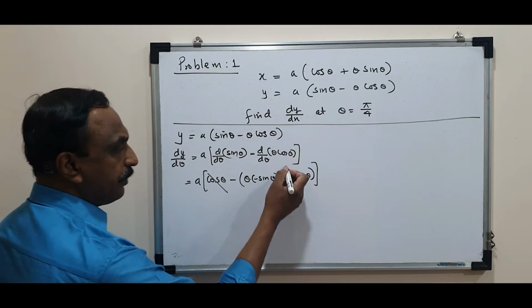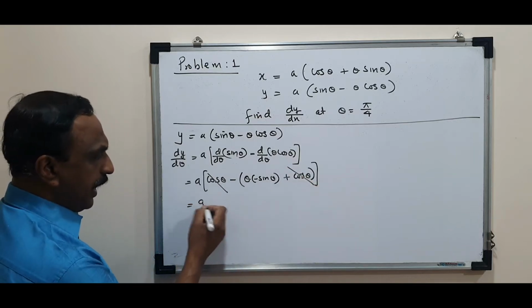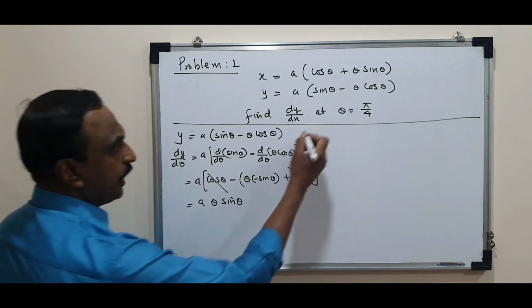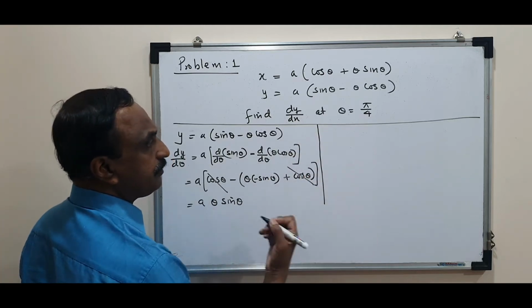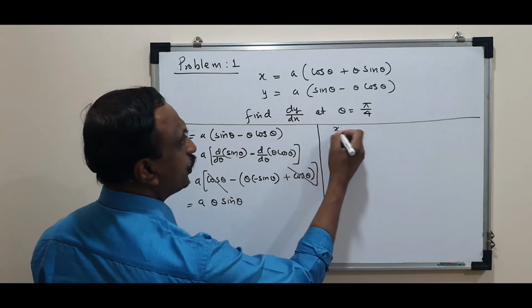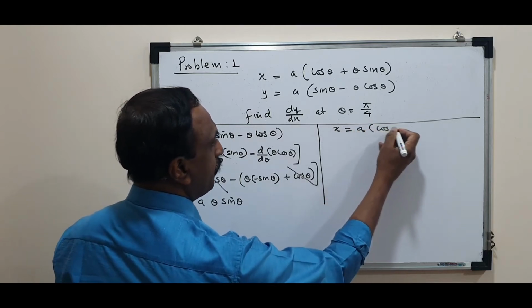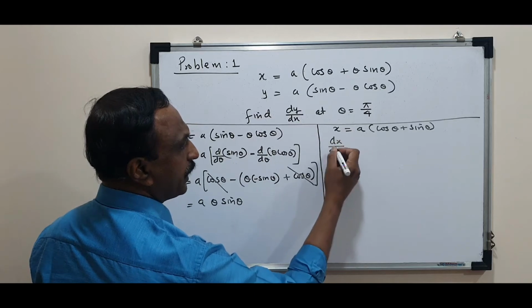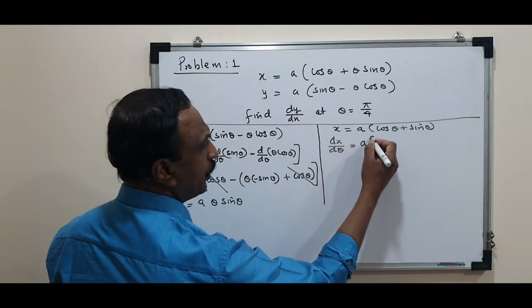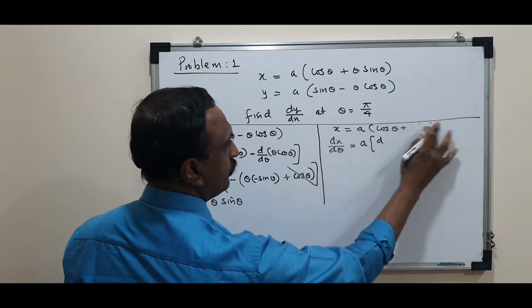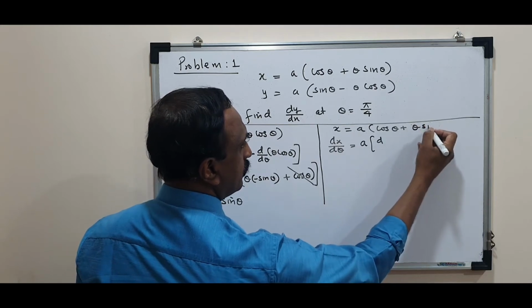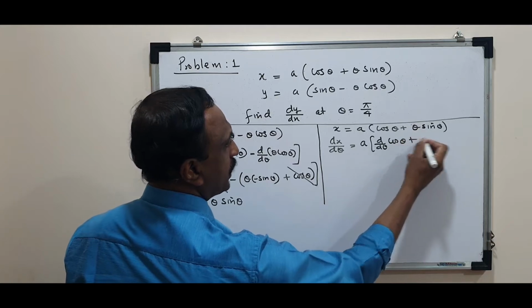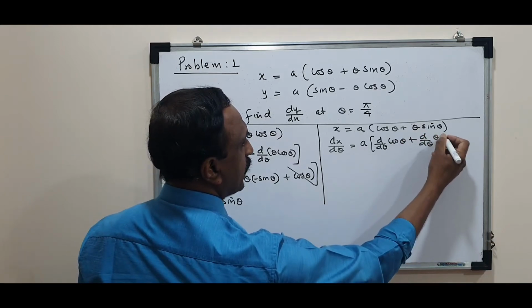So a cos theta and minus cos theta will get cancelled. a into theta sin theta. This is dy by d theta. Now let's have a look at dx by d theta. x is equal to a into cos theta plus theta sin theta. So when I differentiate with respect to theta, this became a into derivative of cos theta plus derivative of theta sin theta.